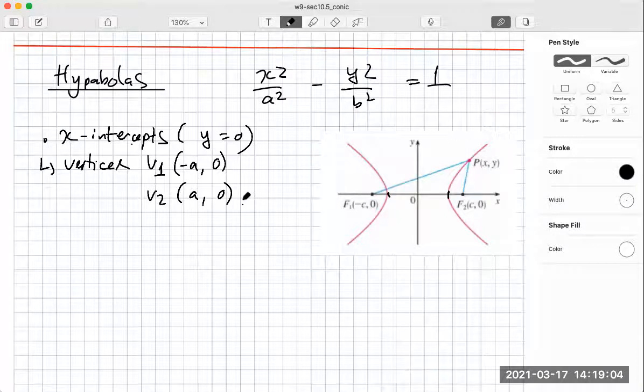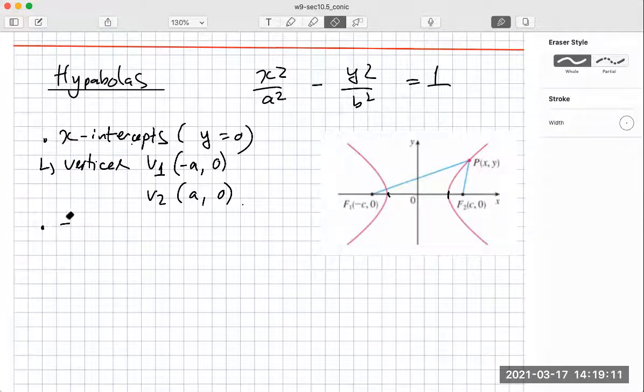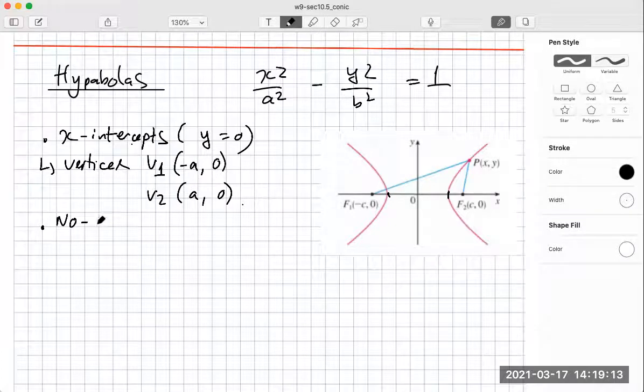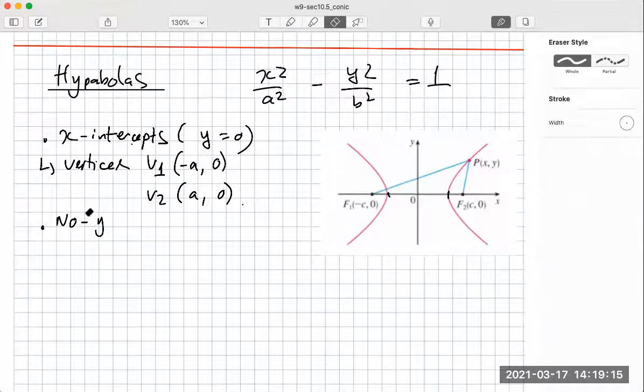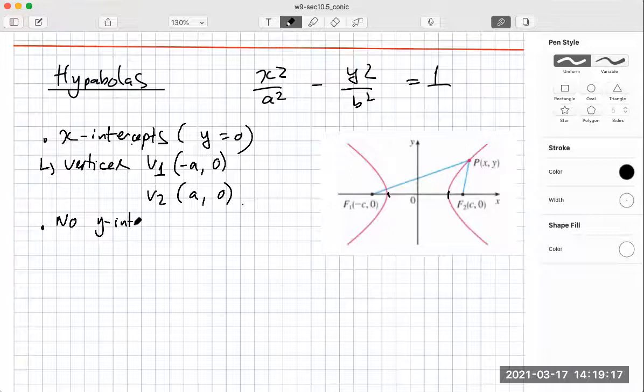That is the thing we should know. And for the y-intercepts, there are no y-intercepts.